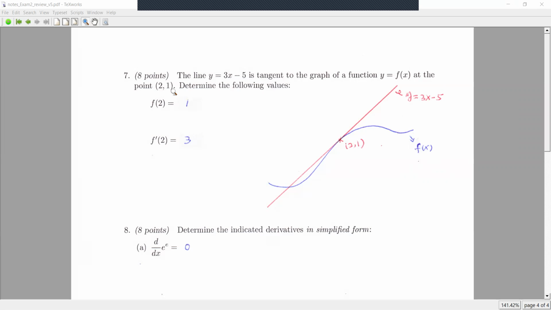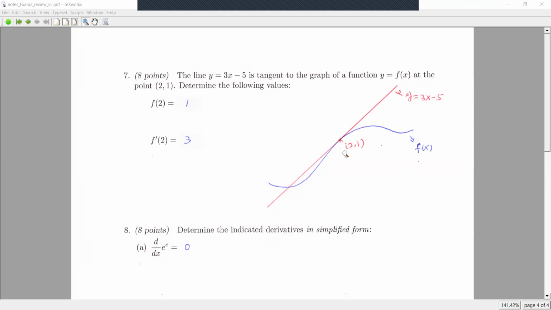Suppose the point (2, 1) is here. It is on the graph. At this point, there is a tangent line. The equation of the tangent line is this equation. It is given. From this equation, we see that the slope of the tangent line is 3.